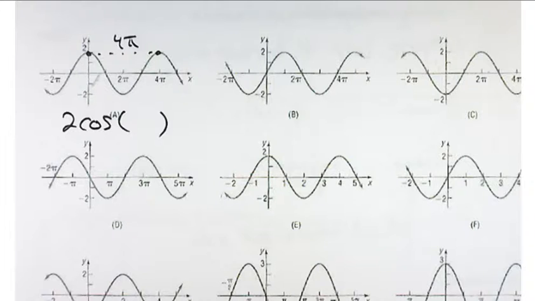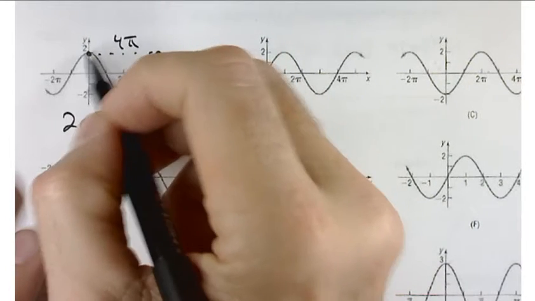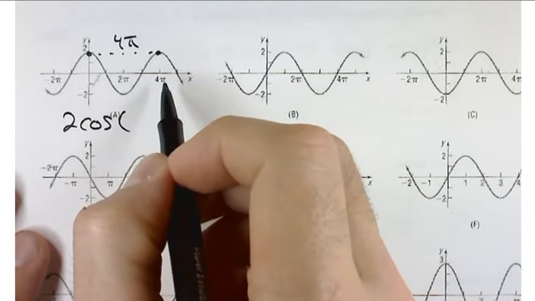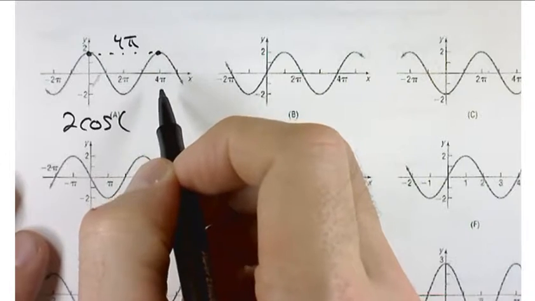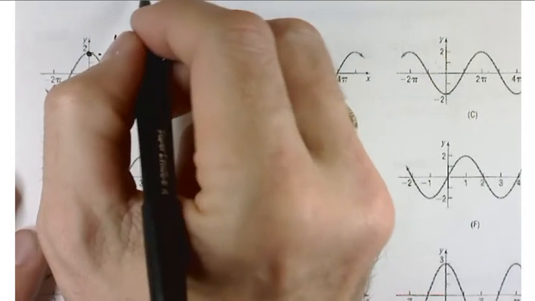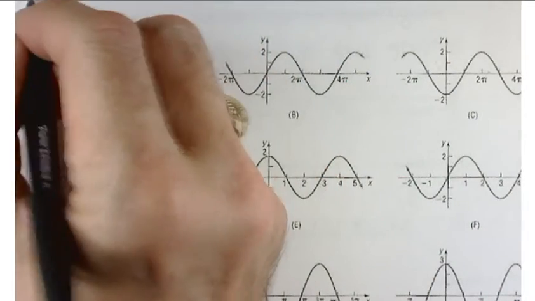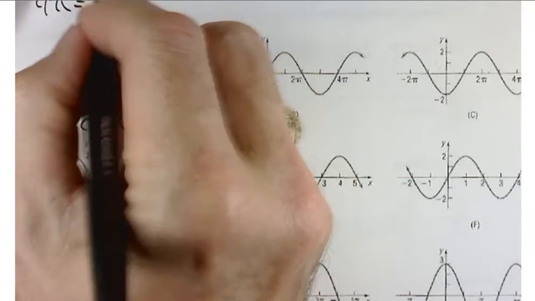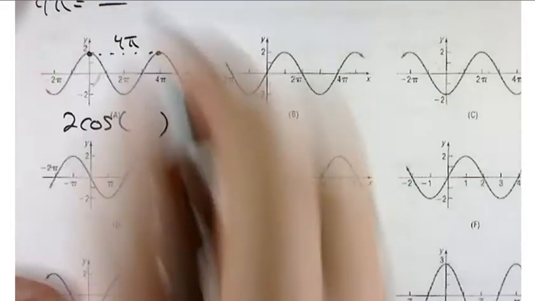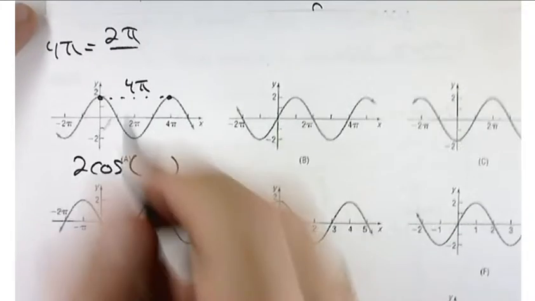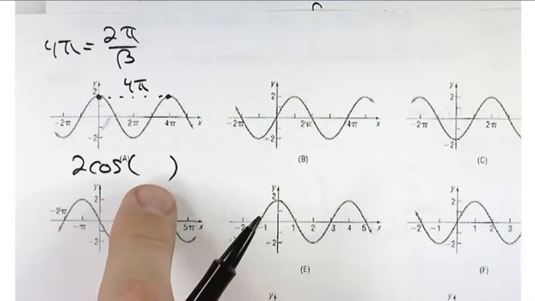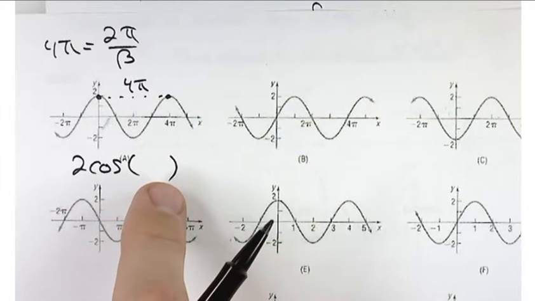You see that the graph starts out at 0, 2, goes down and back up. It gets back up to 2, a distance of 4 pi later. So that's telling me that 4 pi is my period. 4 pi is going to equal 2 pi over b, because remember, the value of b divides the period.